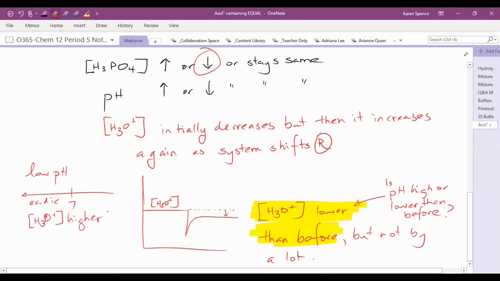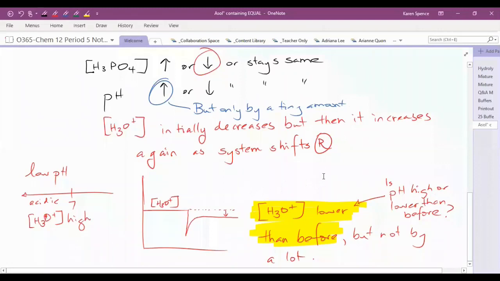So the higher the hydronium, the lower the pH. So if the hydronium is lower than before, then the pH is going to be higher than before, okay? And so the pH is going to be higher than before, but only by a tiny amount.